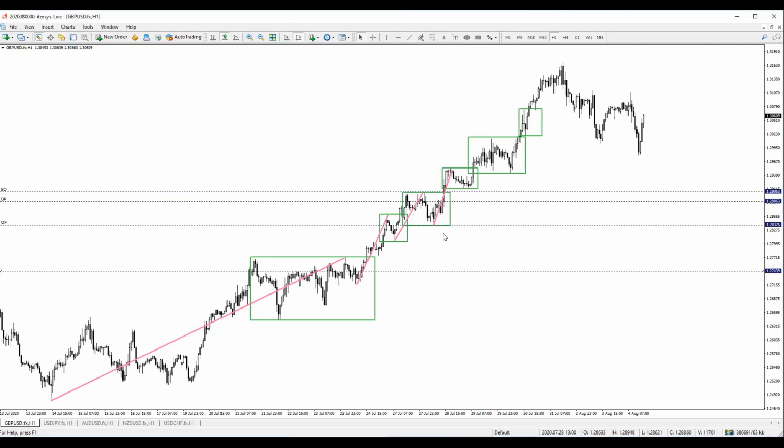And then we have another level, which is the DP, the decision point. The decision point is, let's remove this.